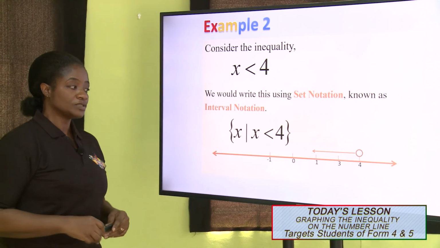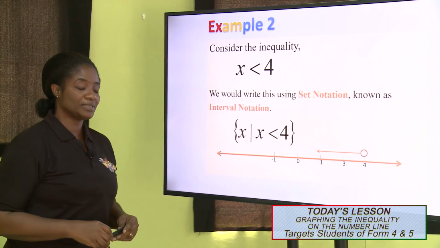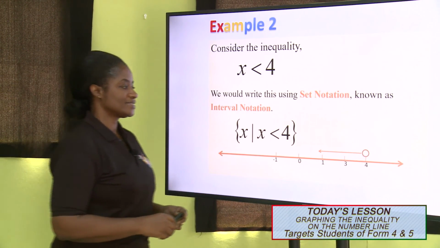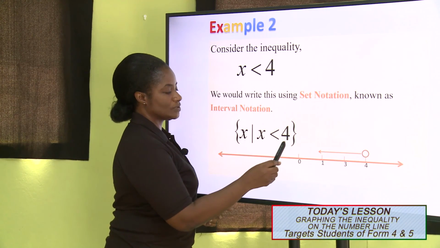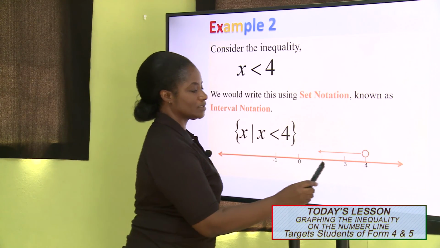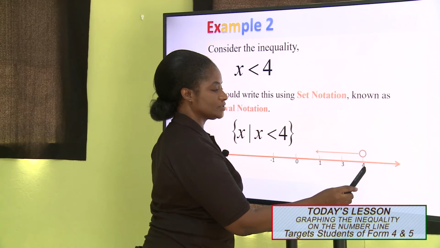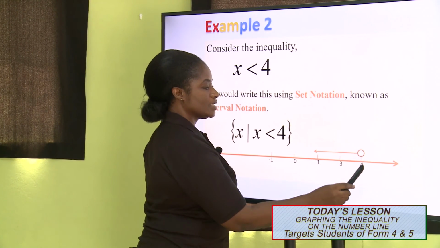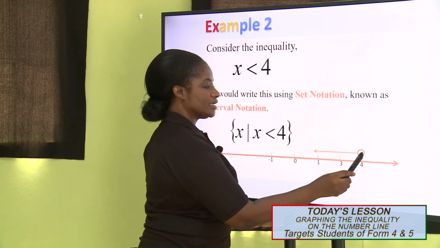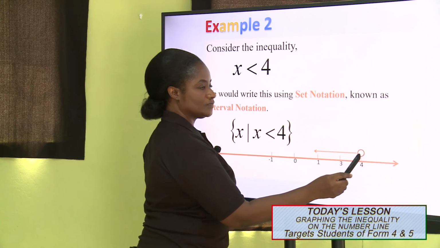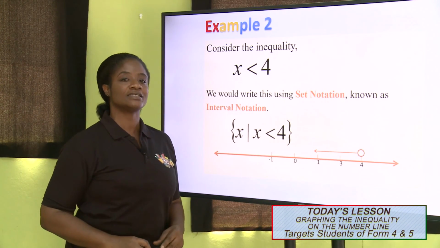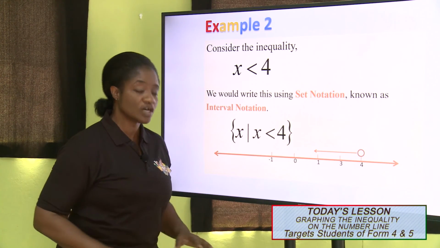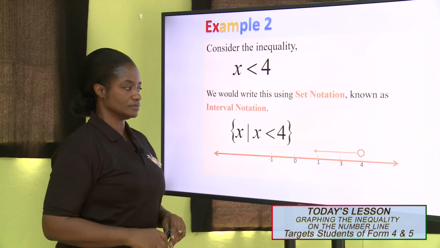Now, I'm going to show you how to represent this on the number line. x is less than 4. So I proceed to my number line. I identify the digit 4. And I'm going to place a clear circle at the top of the digit 4. The clear circle indicates that x is not equal to 4.